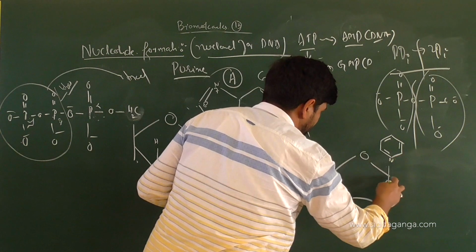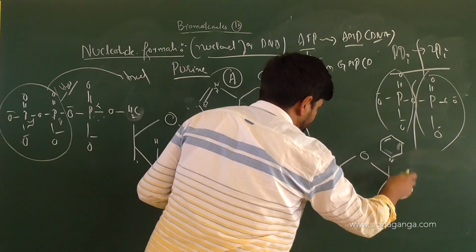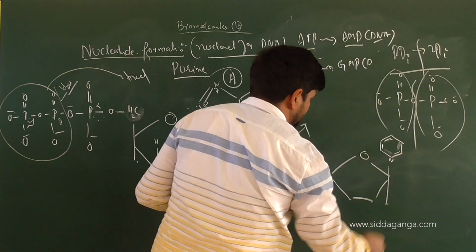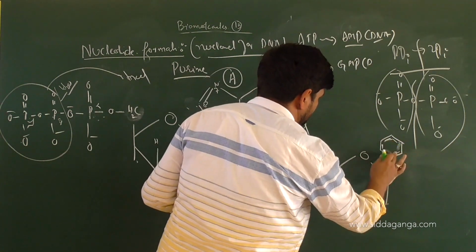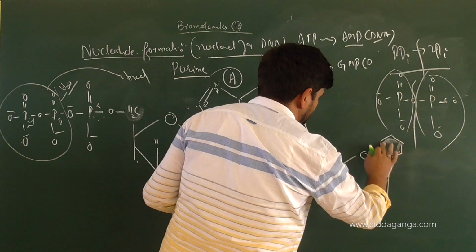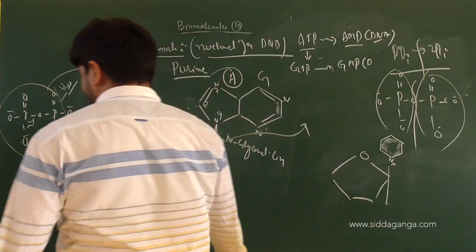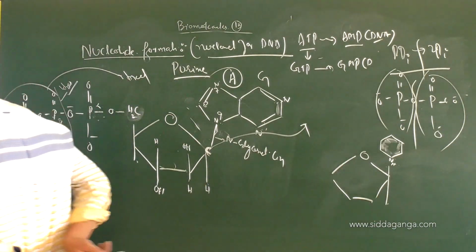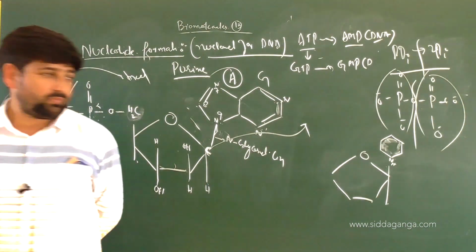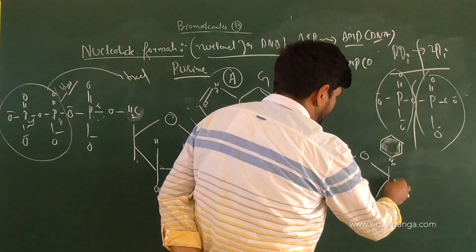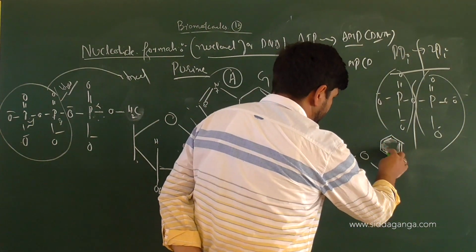You have nitrogen here. H actually should be this. NH group here. So again, you see what will be the reaction, children? What will be happening? Right? So you have a double bond here. Correct or not? You have a double bond here.